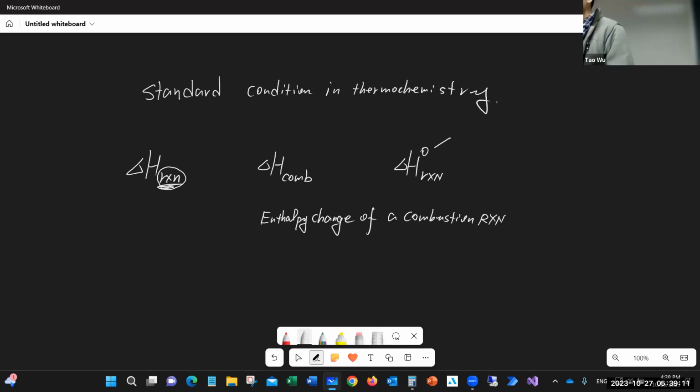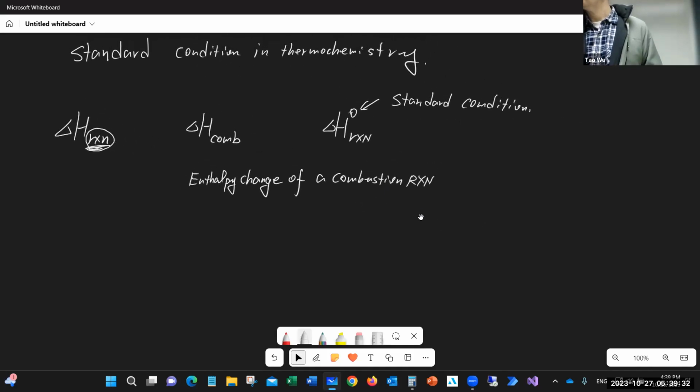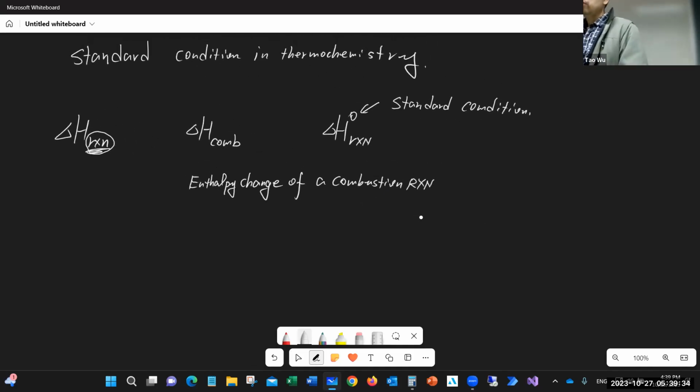So what does the circle mean? The circle over here is what we call the standard condition. So what exactly is the standard condition? If people write delta H with a little circle on the superscript, the standard condition includes two things.